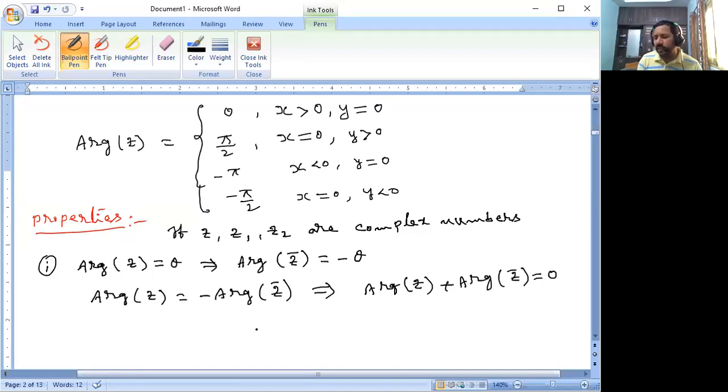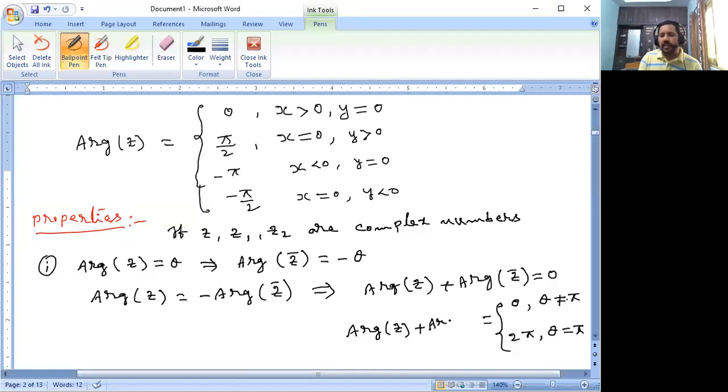Argument of z plus argument of z conjugate is 0 when theta is not equal to pi.